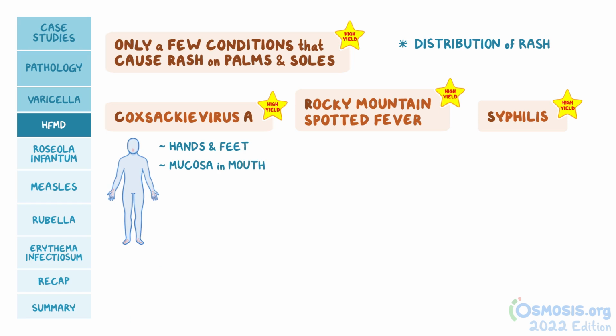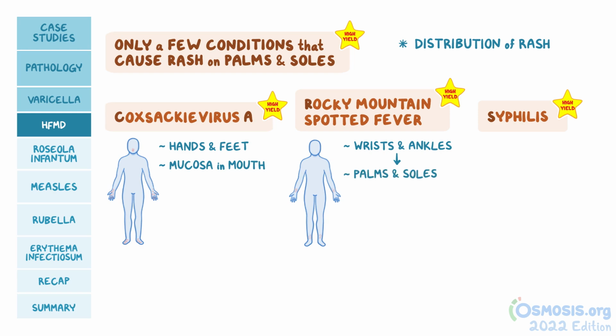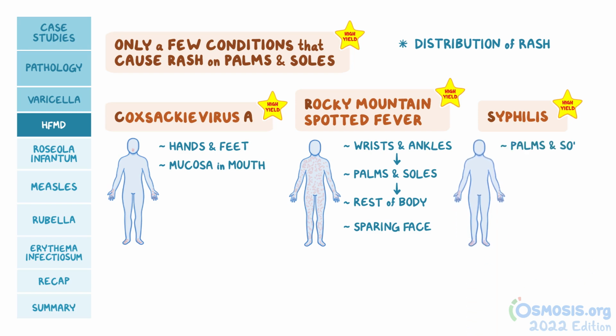On the other hand, with Rocky Mountain spotted fever, there's a painless erythematous macular rash that starts around the wrist and ankles, and then spreads to the palms and soles, as well as to the rest of the body, but generally sparing the face. Finally, with secondary syphilis, the rash usually appears as painless, rough, reddish spots on the palms and soles, and can spread throughout the body, including the face. And that's very high yield.